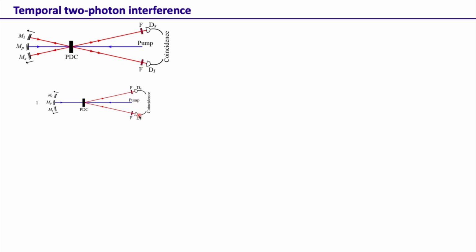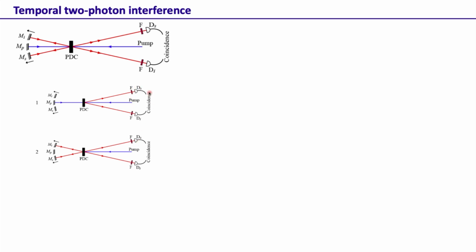In the first possibility, the pump photon does not get down converted in its forward pass. It goes here, comes back, and then in its backward pass, it actually gets down converted. The second alternative is that the pump photon does get down converted in its forward pass, and then these two entangled photons go in these directions, get reflected back from these mirrors, and then reach the respective detectors.